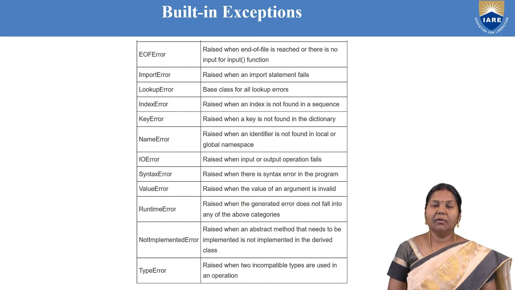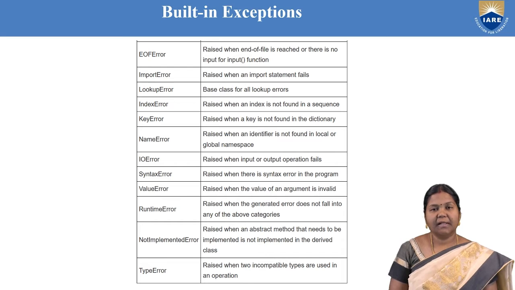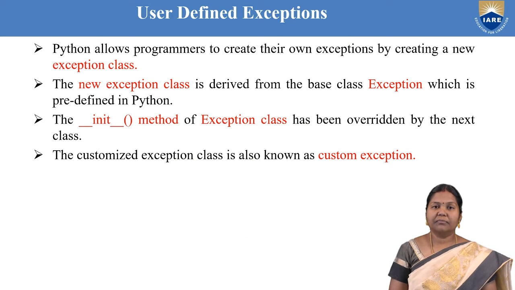But if you want to create your own exception, that is called a custom exception or user-defined exception, then how do you do it in Python? Let us learn today. What is a user-defined exception? Python allows programmers to create their own exceptions by creating a new exception class. The new exception class is derived from the base class Exception, which is already predefined in Python.